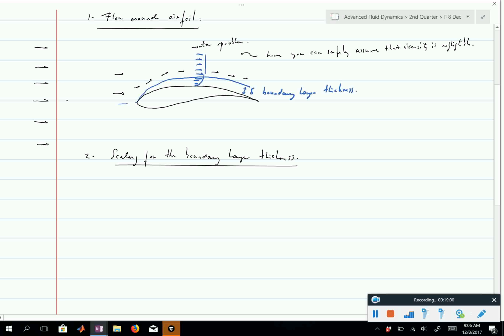And for this, we'll go back to the vorticity equation, and I will discuss a 2D planar case. Okay, so we'll discuss a 2D planar flow above a flat plate.